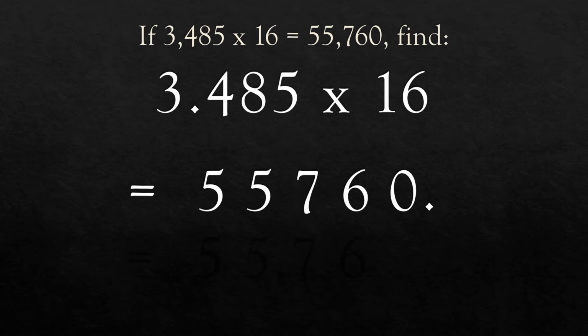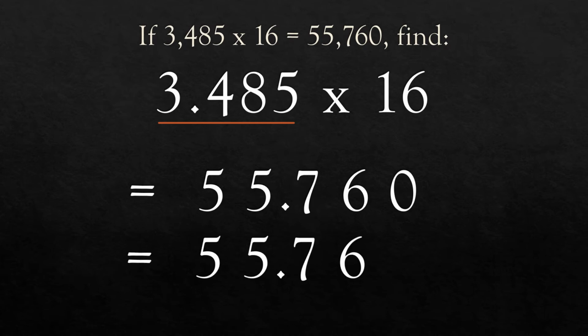But the position of decimal point is changed. Now tell me, how many digits after decimal in 3.485? Yes, 3 digits. So count 3 digits from the right. 1, 2, 3. And place decimal in the product. So the answer is 55.760. That is 55.76.